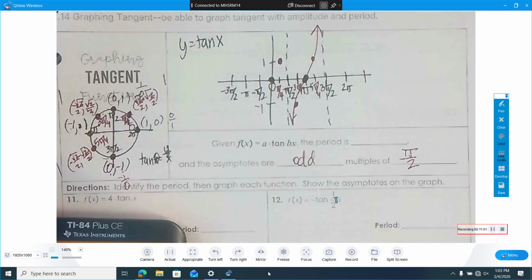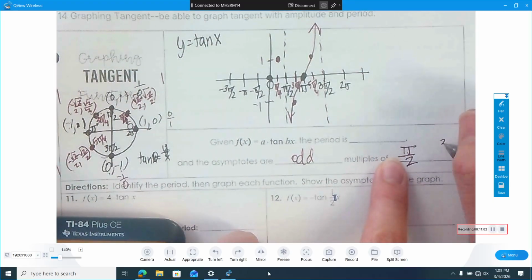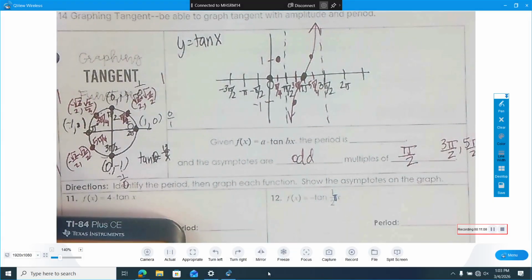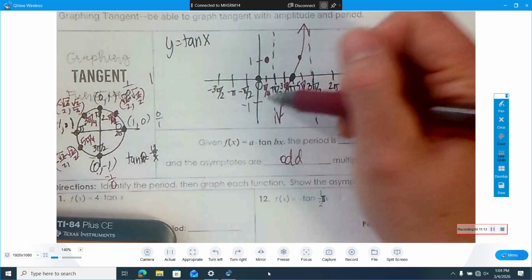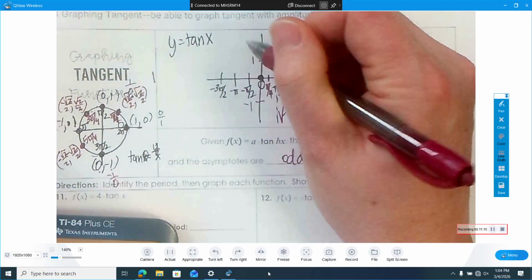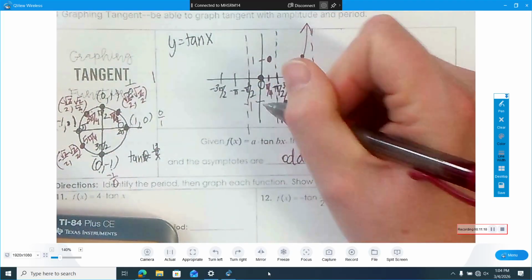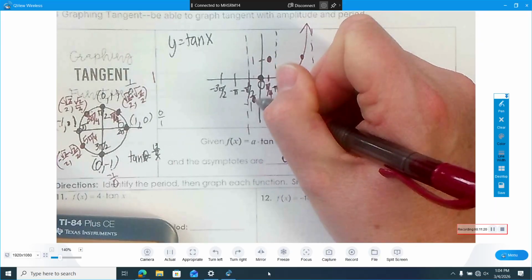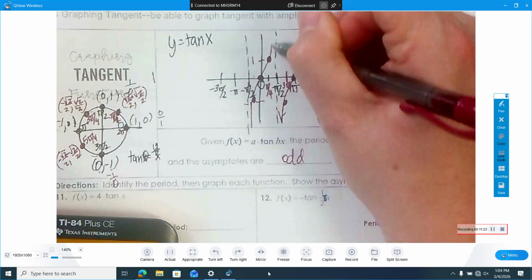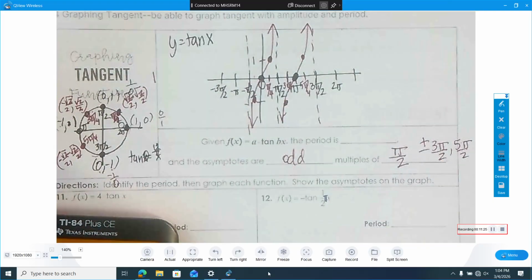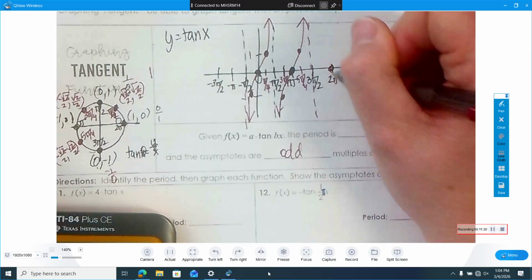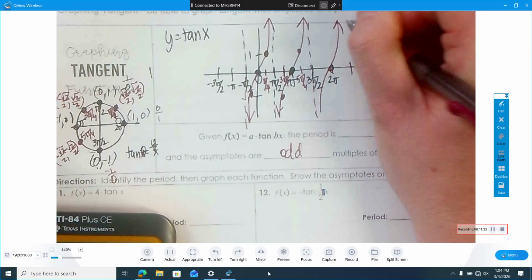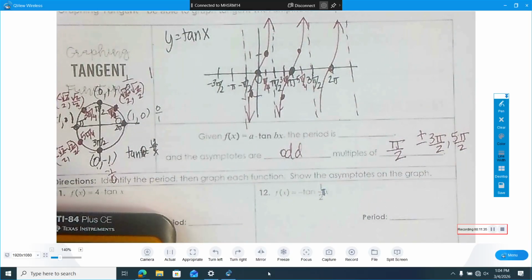Like 1 pi over 2, 3 pi over 2, 5 pi over 2, 7 pi over 2, and positive or negative as well. So there's another asymptote at negative pi over 2. And at negative pi over 4, we also have a dot here at negative 1. So here's our tangent function, and it just repeats, passing through pi and then asymptote.